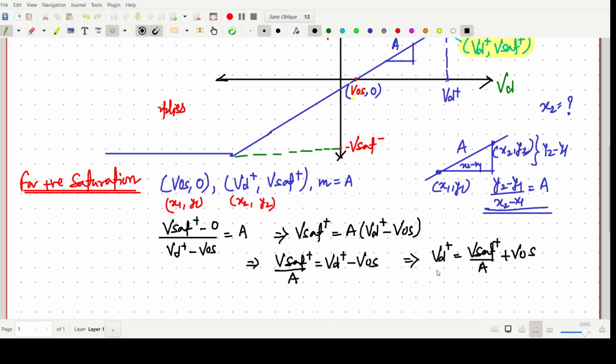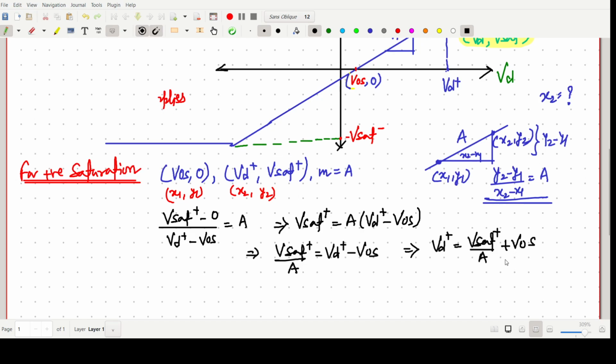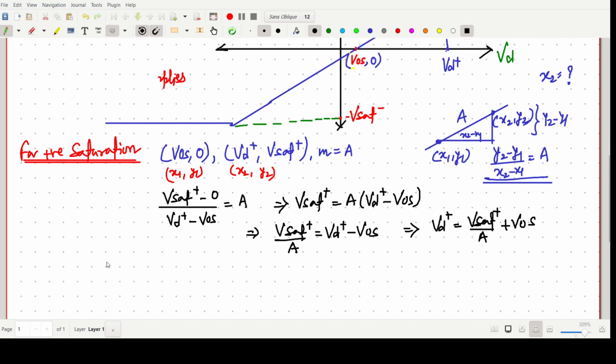So from here we have found the value of Vd plus equals Vset plus by A plus Vos. For positive saturation the condition will be Vd plus greater than or equal to Vset plus by A plus Vos.